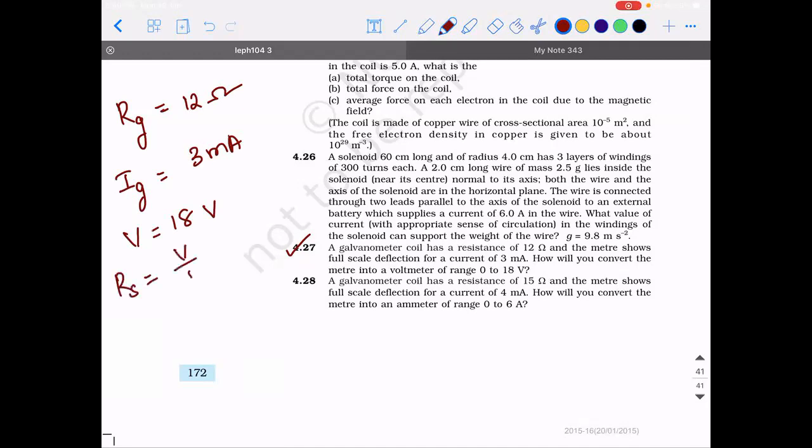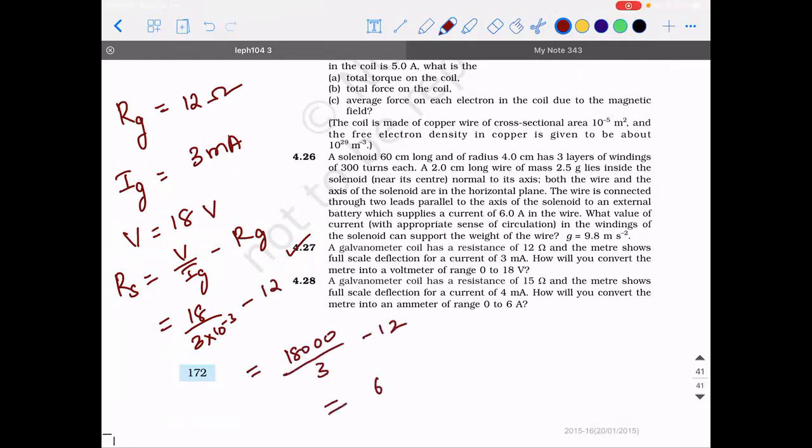So what is the formula, guys? RS is equal to V divided by IG minus RG. So 18 divided by IG, which is 3 into 10 power minus 3, minus RG, which is 12. So 18,000 divided by 3 minus 12. How much is it? 6,000 minus 12. So how much is the resistor we need to connect? 5,988.